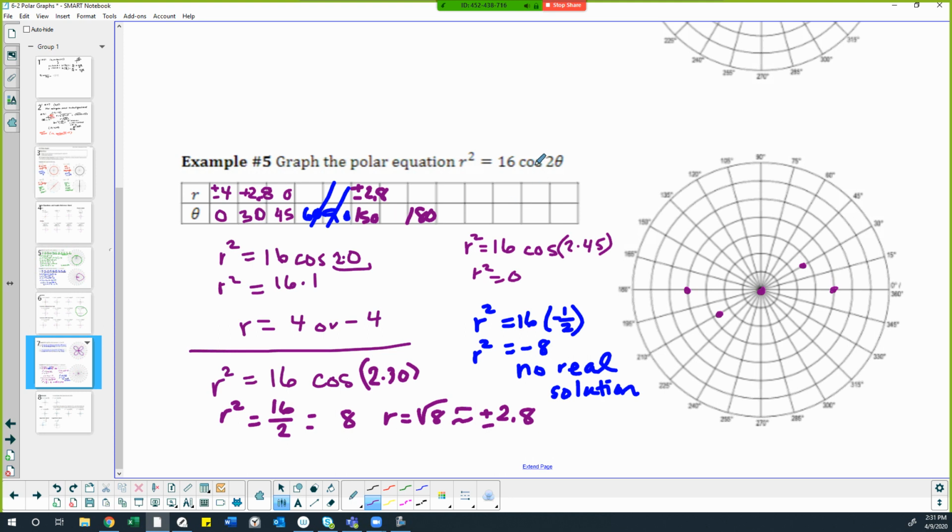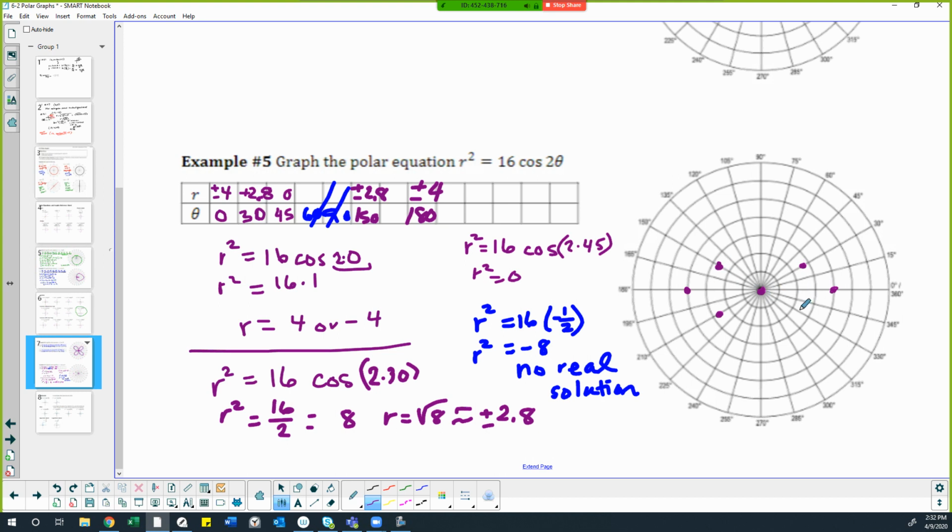So the cosine of 360 is 1, and 1 times 16 is 16. So that's plus or minus 4. Okay, so for 150, that's this angle right here. 150, so it's positive 2.8 or negative 2.8.